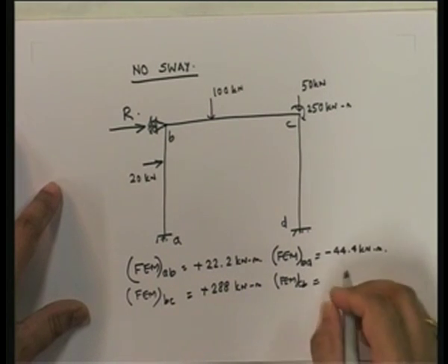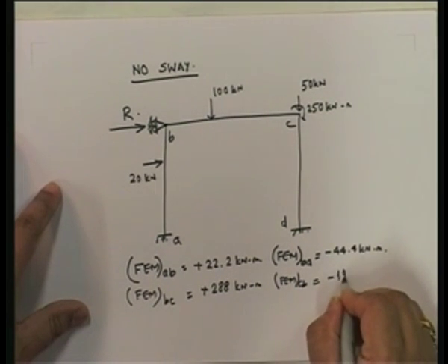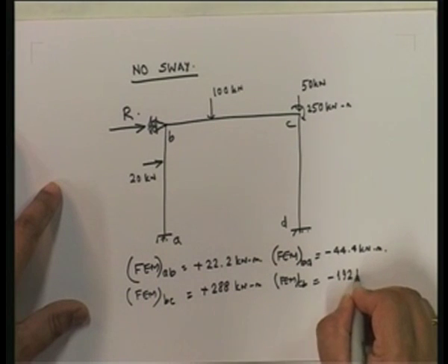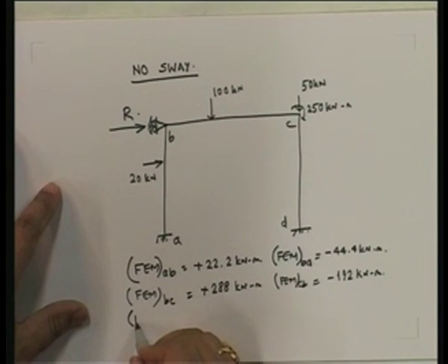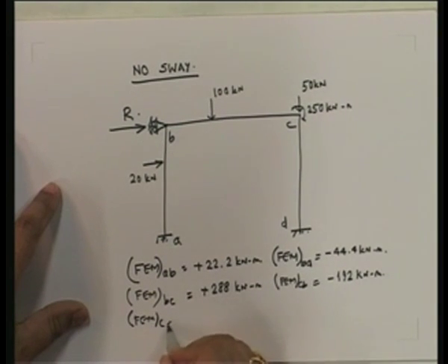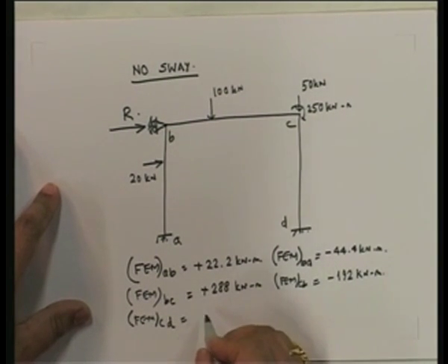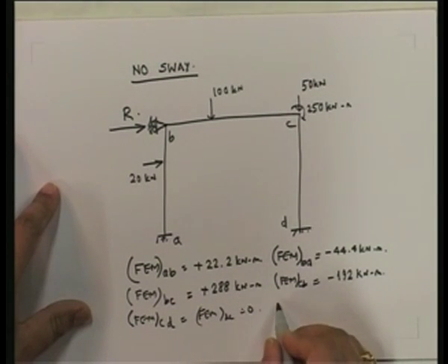FEM CB is equal to minus 192 kilonewton meter. CD is equal to fixed end moment DC is equal to 0.